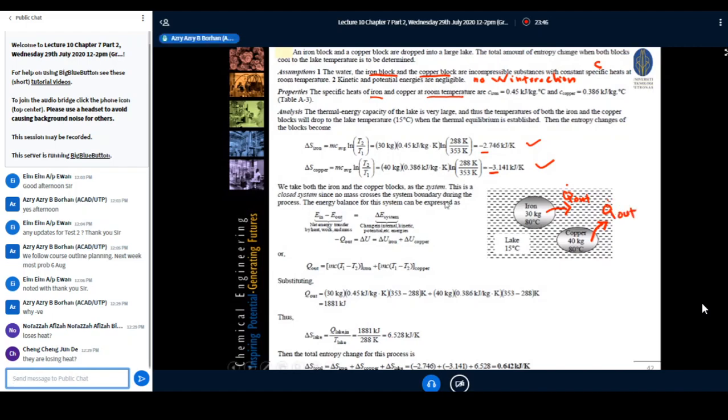Now, this is for the entropy change for iron and copper, right? So, like I said before, we also need to find the entropy change of the lake, or water from the lake. Now, how can we simply do that? By performing an energy balance for a closed system.